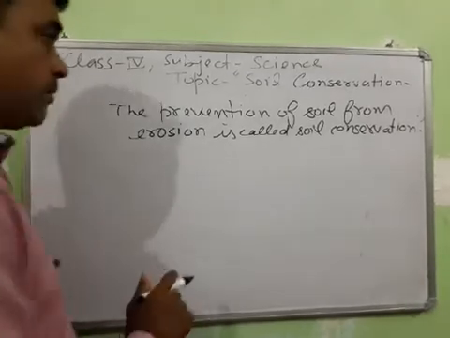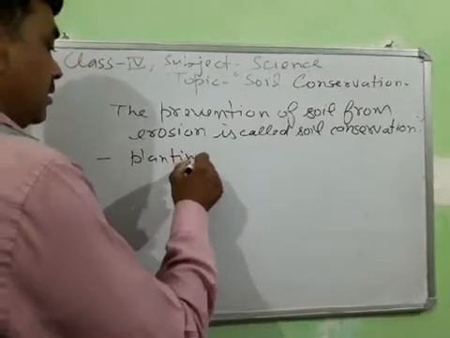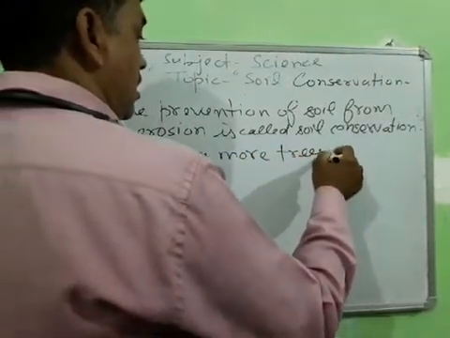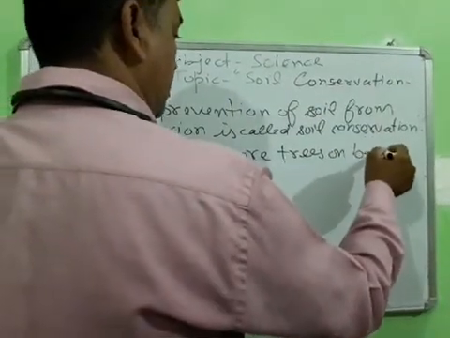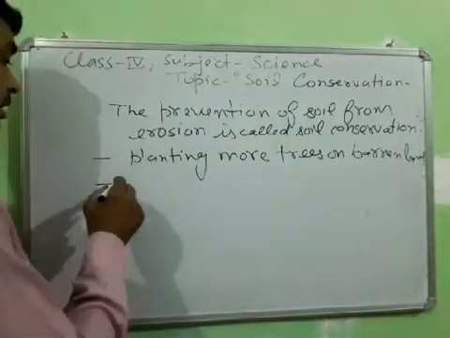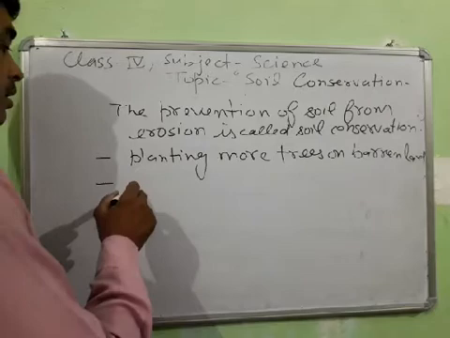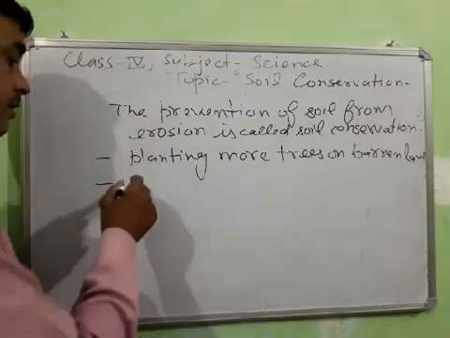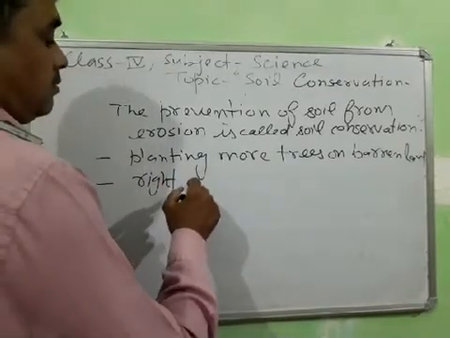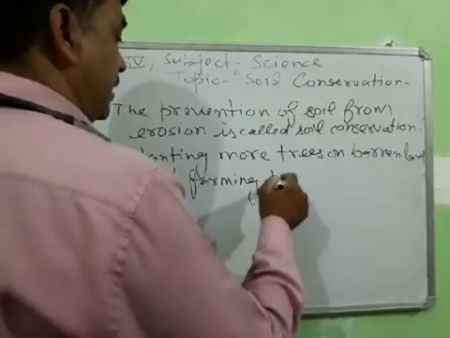It is done by planting more trees on barren land. Second, right farming practices.